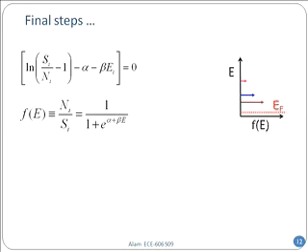You can see alpha and beta, I can take it to the right hand side, it's a log, I can make it an exponential. And remember, in the first equation I have Ni over Si, and I define F as the number of electrons in a number of states, right? And so therefore I have flipped it.